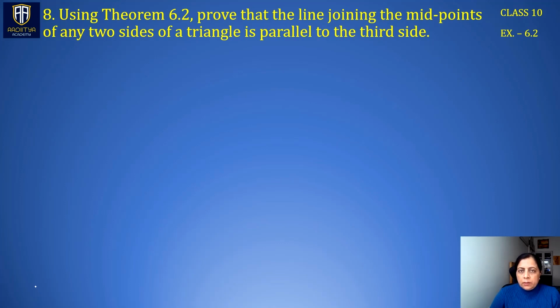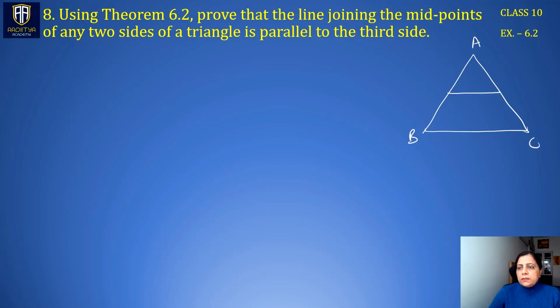Next is using theorem 6.2. Now what was 6.2? It is the converse of the basic proportionality theorem: prove that the line joining the midpoints of any two sides of a triangle is parallel to the third side. So this is triangle ABC.